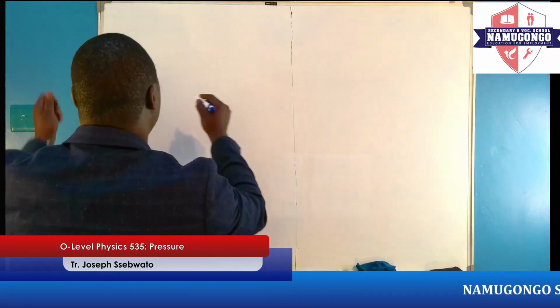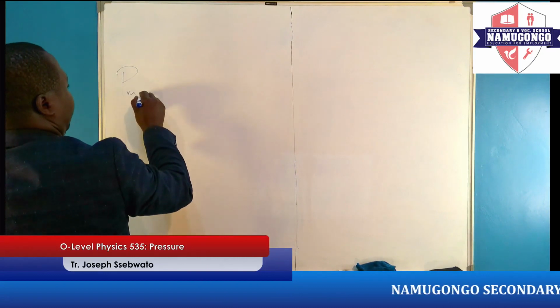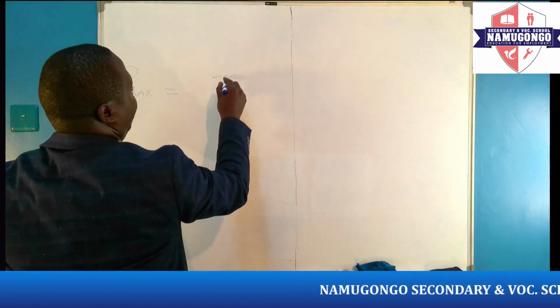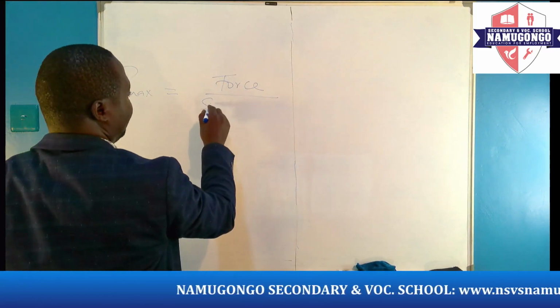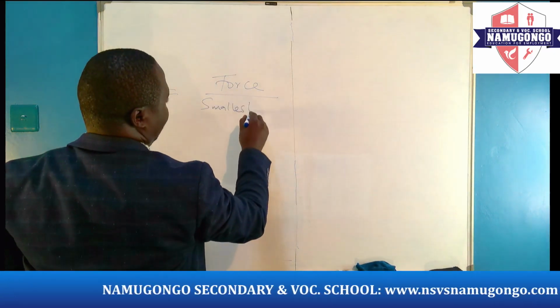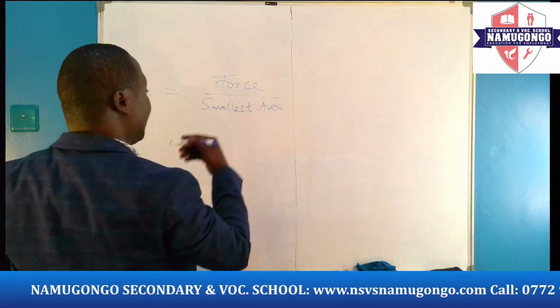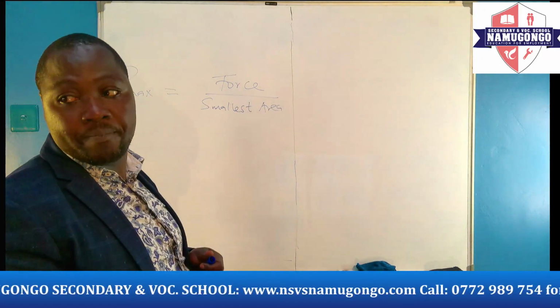You can obtain a maximum pressure or you can obtain a minimum pressure. We saw that to get a maximum pressure, you should have the smallest area. Smallest area can give us a maximum pressure.